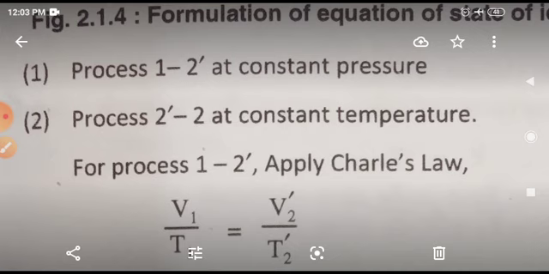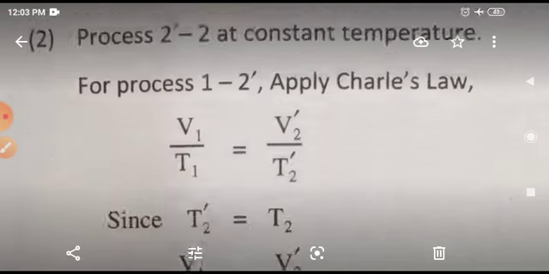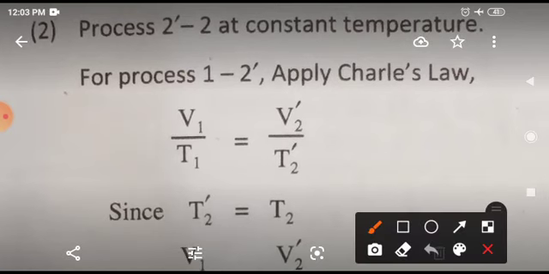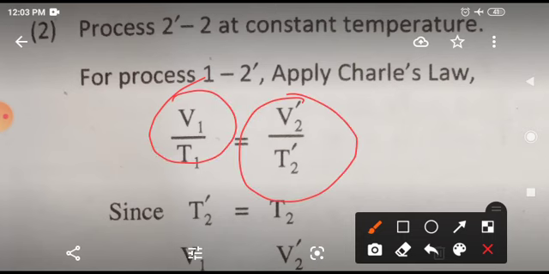Now for the first process 1 to 2 dash, pressure is constant. That means it is according to Charles's law. We can write that V1 upon T1 is equals to V2 dash upon T2 dash.